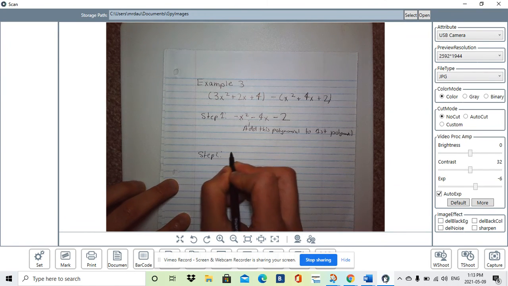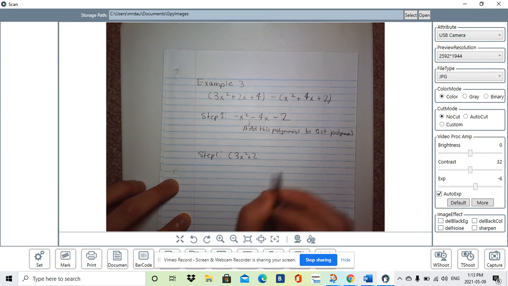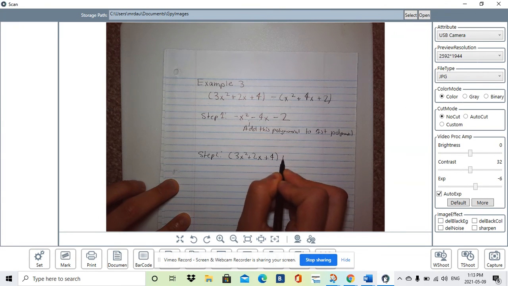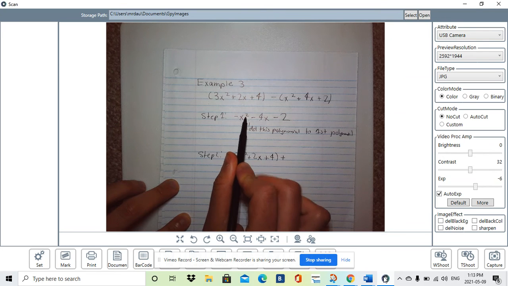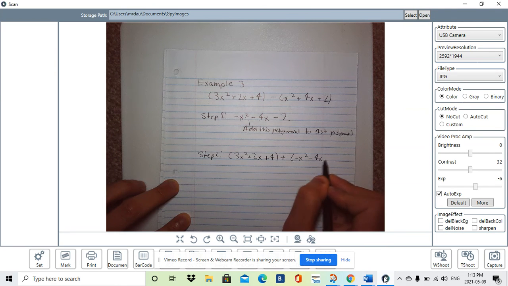We get 3x squared plus 2x, right? Just rewriting the first polynomial, plus the polynomial that we flipped the signs of each term of in step 1. So we get plus negative x squared minus 4x minus 2.